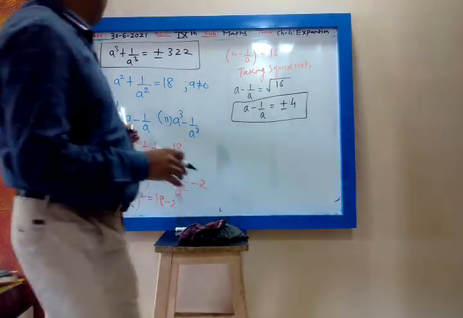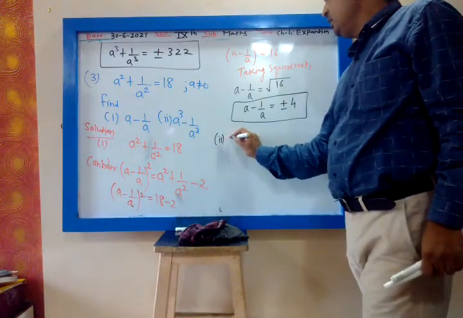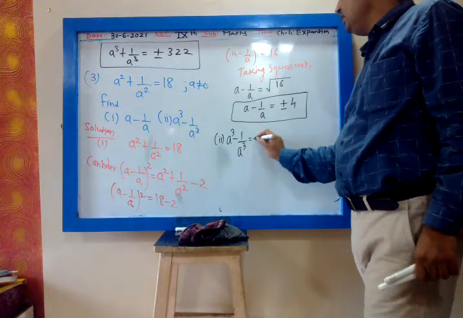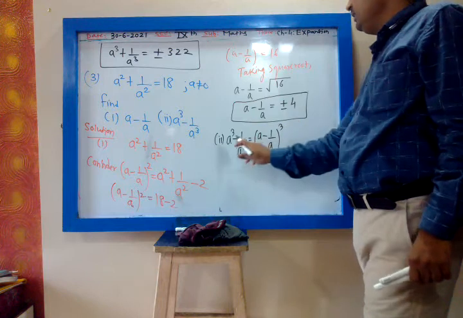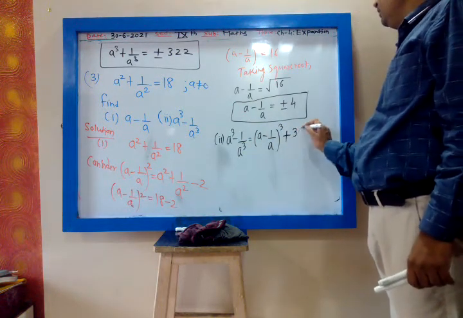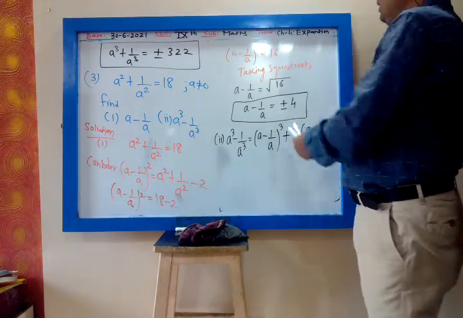Now we want to find a cube minus 1 upon a cube. So second, a cube minus 1 upon a cube, we write down the formula, that is a minus 1 upon a whole cube. If it is minus inside bracket, outside it is plus, so 3 into a minus 1 upon a. But a minus 1 upon a has two values.